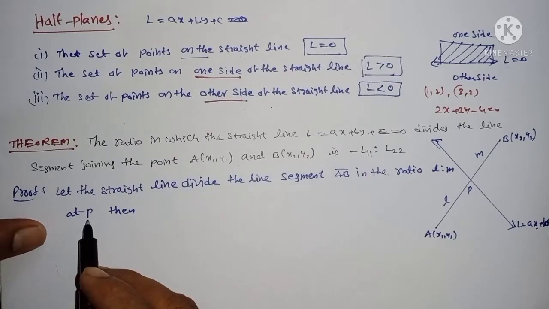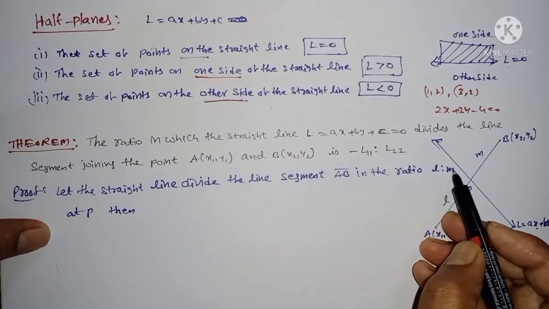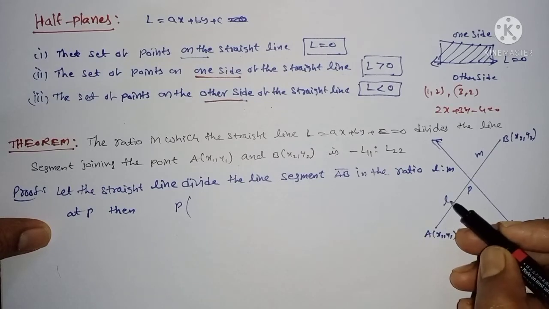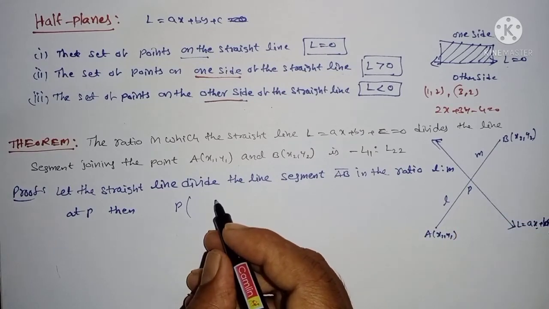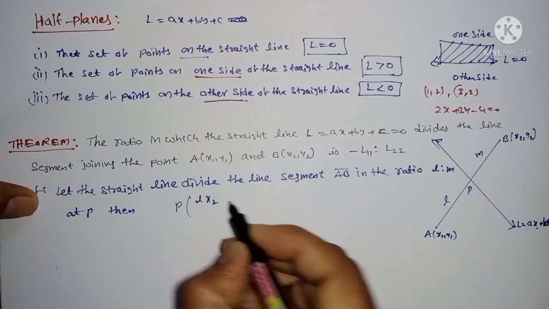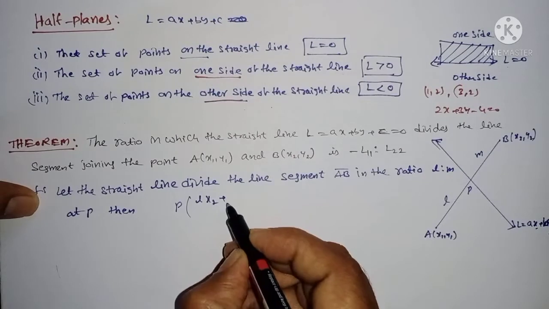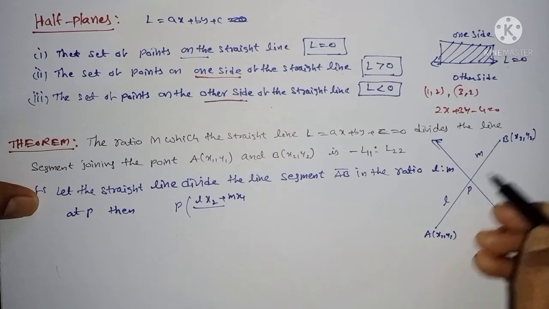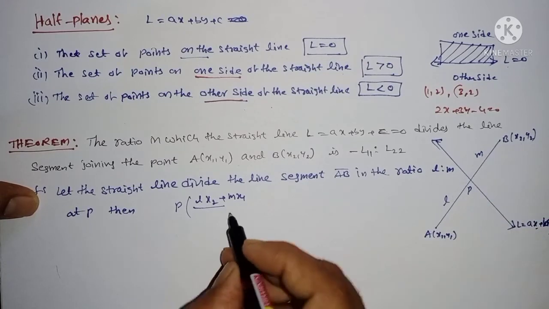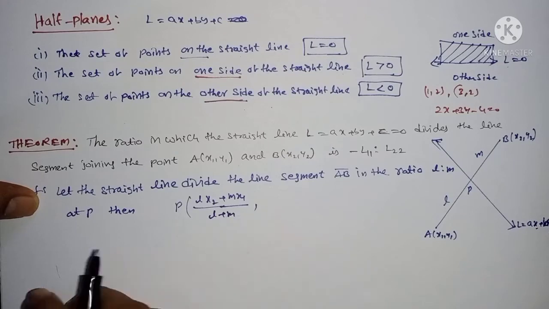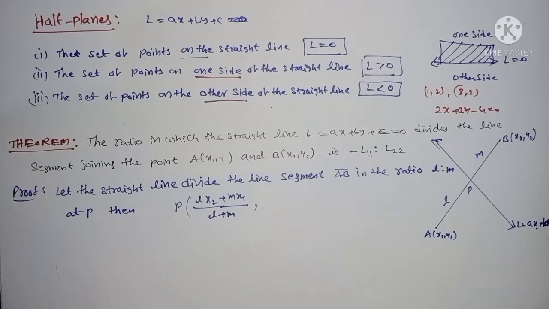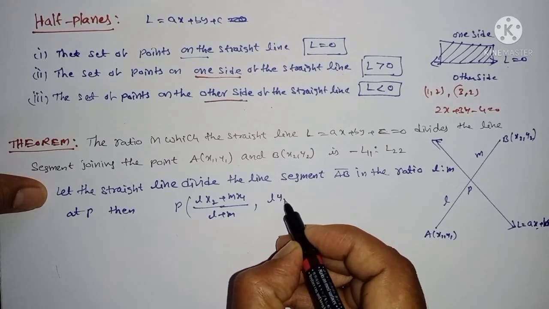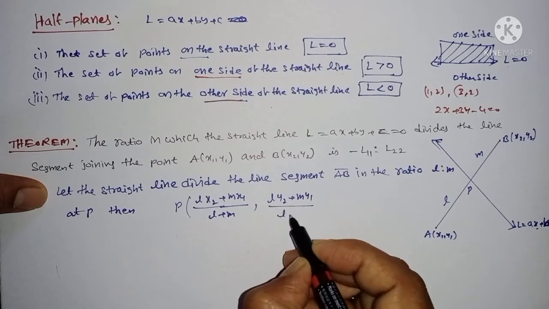Take the ratio l is to m. Therefore, using the dividing formula, I can write the point P as: P of lx2 plus mx1 by l plus m, and similarly the second coordinate is ly2 plus my1 by l plus m.